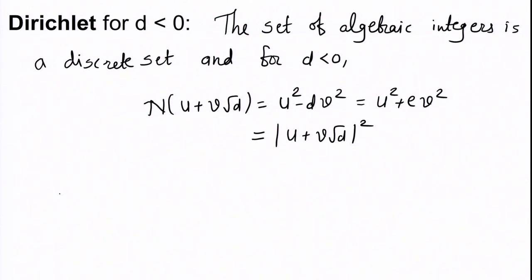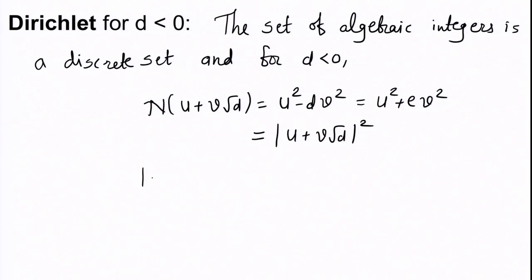So when you are looking at a discrete set of algebraic integers and you are looking at solutions to the usual modulus being 1, then you are looking at the unit circle in the complex plane. On one hand you have the unit circle, which is a compact set in mathematical language, and then you have a discrete closed subset of this compact set.